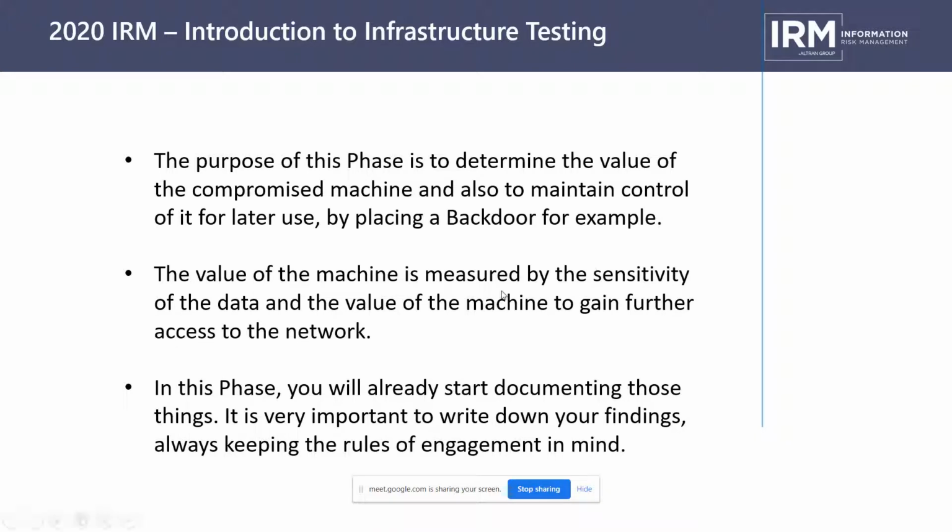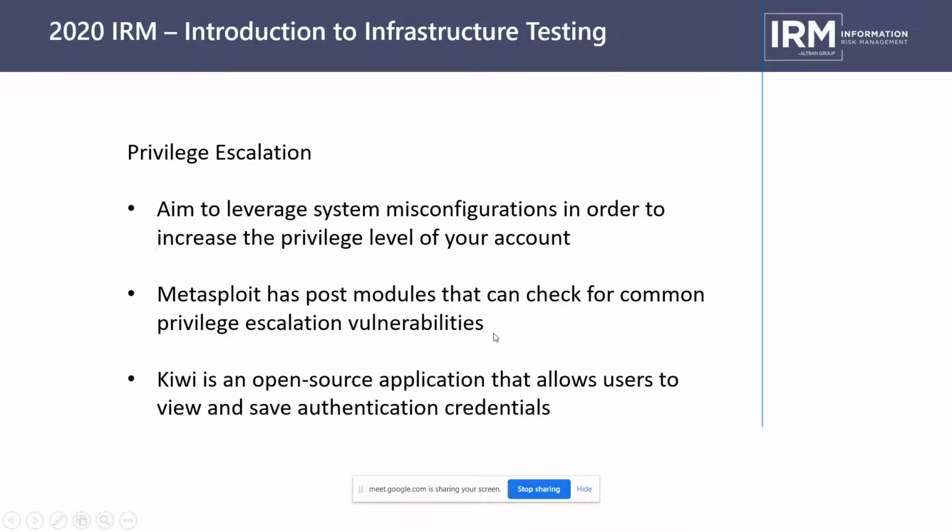So with privilege escalation, there isn't a lot to do there, but we've gone through how you can migrate. There are also post modules within Metasploit that will check for common privilege escalation vulnerabilities, and they will recommend further modules to you. They will say that this one will work or that one. It's quite user friendly. In this one we're going to use Kiwi.